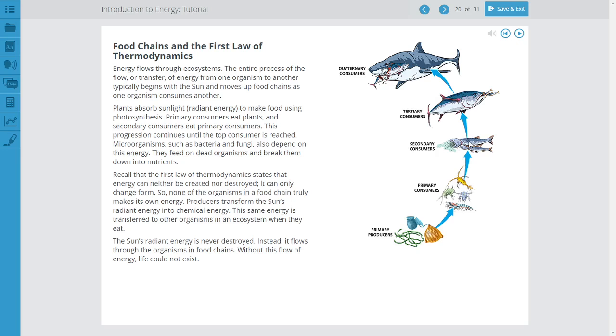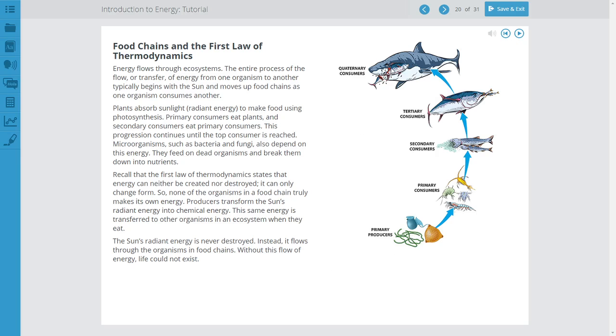But nope, along comes a secondary consumer and eats a primary consumer and gets the energy yet again. And now every bit of energy this secondary consumer gets came from eating a primary consumer, and all the energy it got came from eating producers, and all the energy it got came from the sun. Then we go on to the tertiary. Tertiary means third level. These tertiary consumers eat the secondary consumers that ate the primary consumers that ate the primary producers that absorbed energy from sunlight.